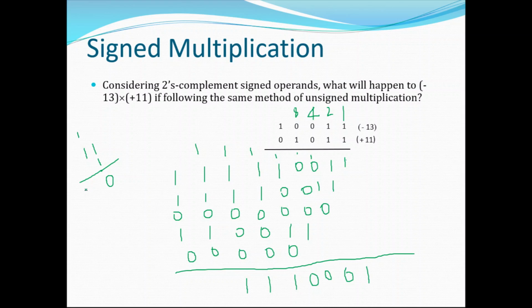Again 1 plus 1 is 10, so it is 1 double 0. 1 plus 1 is 10, 10 plus 1 is double 1, double 1 plus 1 is 1 double 0. So 0 and carry 1. 10 plus 1 is double 1, double 1 plus 1 is 1 double 0. 1 double 0 plus 1 is 101.